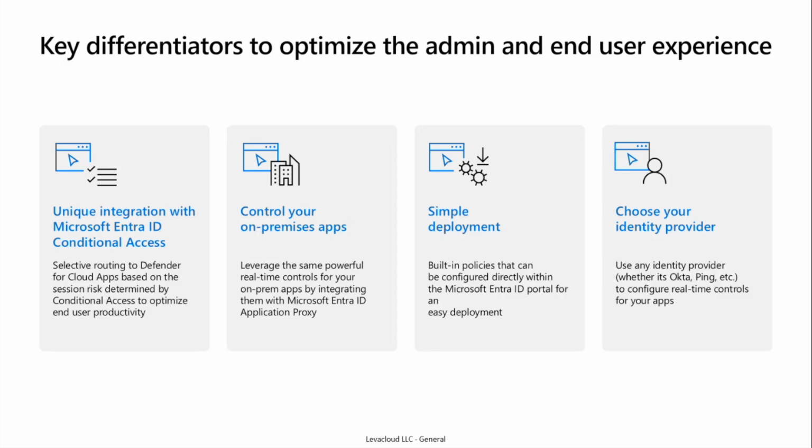We have a lot of folks that are looking at this for maybe legacy apps or apps that they want to keep in the on-prem data center, and they want to stay away from or replace VPN capabilities, that kind of thing. So not only does that capability exist in an E3 and is available to you, but you can then layer in all these different controls that I talked about through Defender for Cloud Apps, and its integration with conditional access.